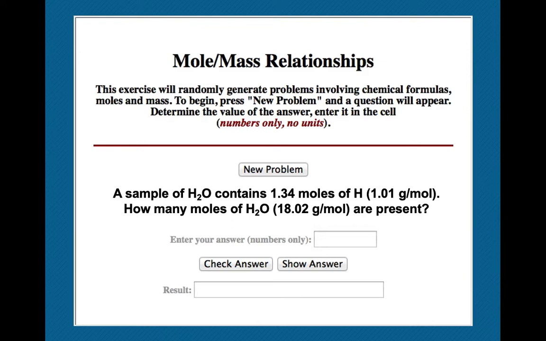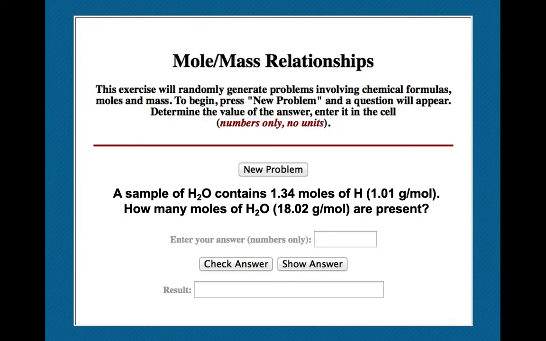Well, look at water and say, what is the mole ratio of hydrogen to water? There are 2 hydrogens in every water. The only thing you have to be careful of is this going to be a ratio of 2 or of 1/2? So you have to look at the units of your given.